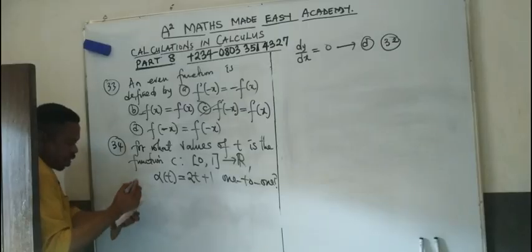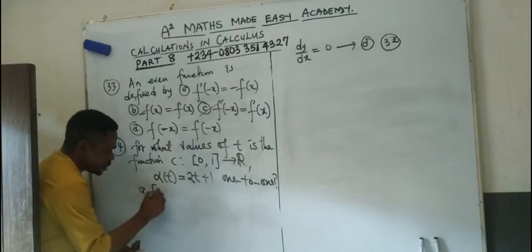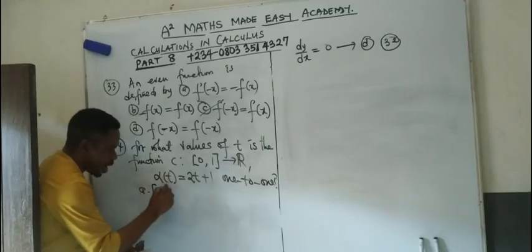Okay, now the options. Option A, we have the interval 0 to 1.